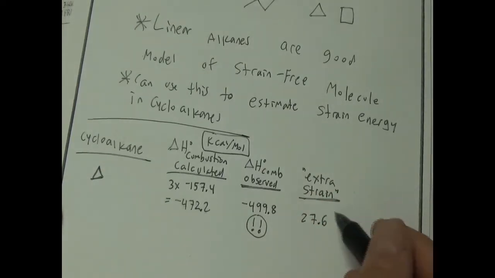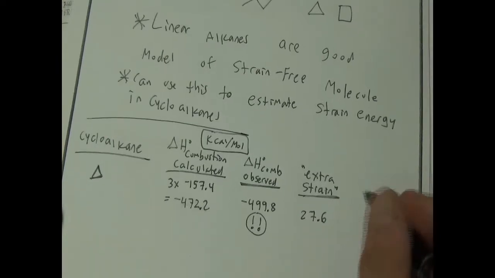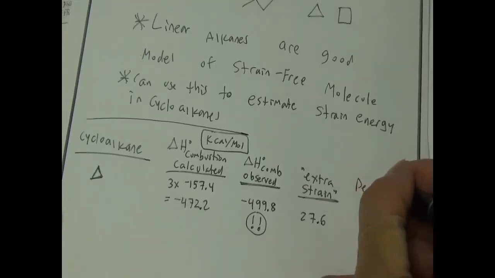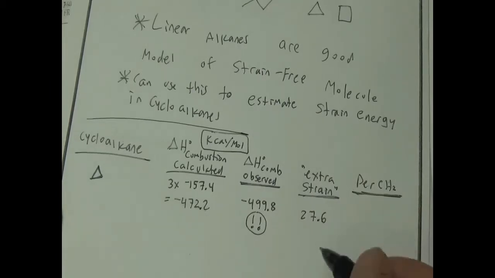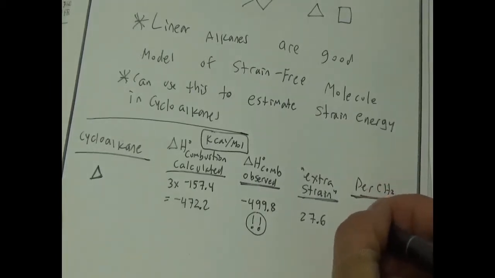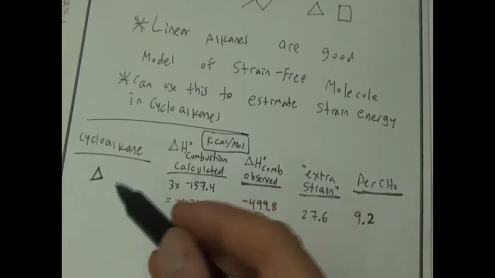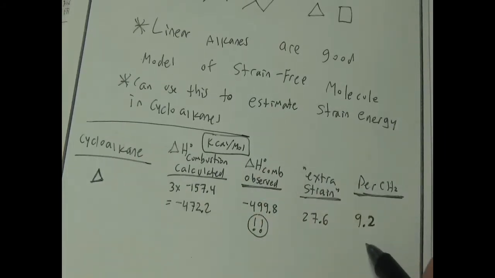Okay, and then the only other question is how much extra strain is there, not per molecule but per CH2. So we take this and divide by 3 and we get 9.2. So that's extra strain per CH2 for cyclopropane. You'll see it's a fairly large number for these molecules.